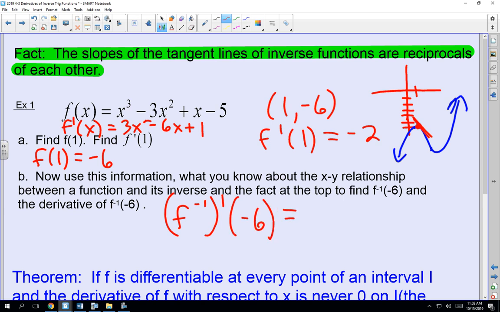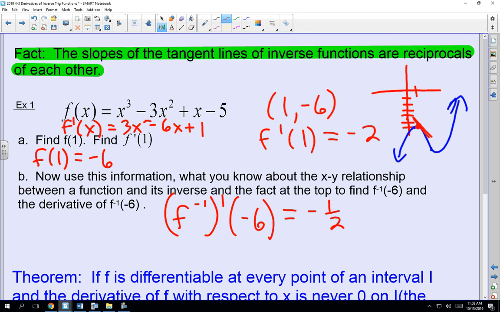So remember, we can find f inverse at the y coordinate from f. Okay. So f inverse prime of negative 6 would be the reciprocal of this, or negative 1/2. And that's without ever finding the inverse of f. Okay.